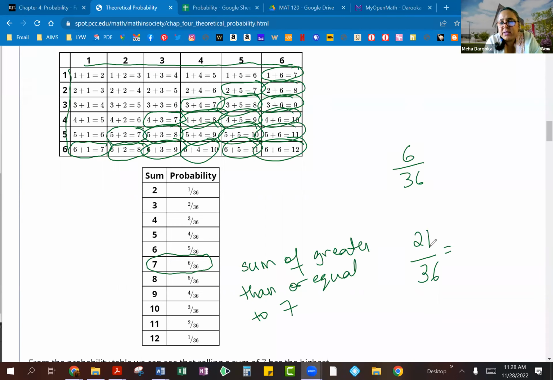Between 21 and 36, what number is common that we can reduce this fraction by? 3. Yeah, very nice. So 21 divided by 3 gives us 7. 36 divided by 3 gives us 12. And this is as low as you can go. So that's the answer you are looking for, 7 out of 12.